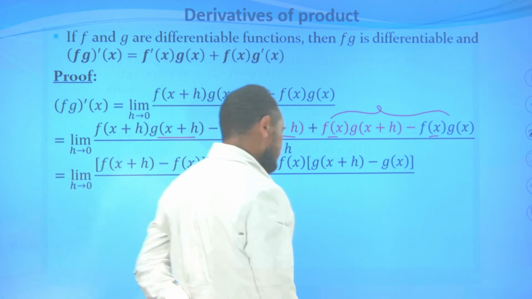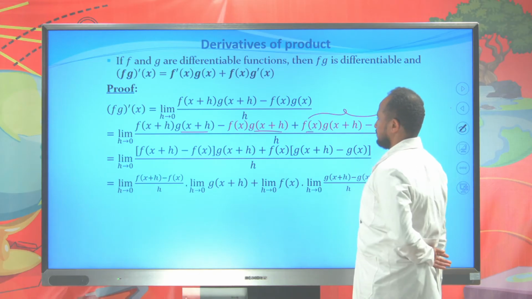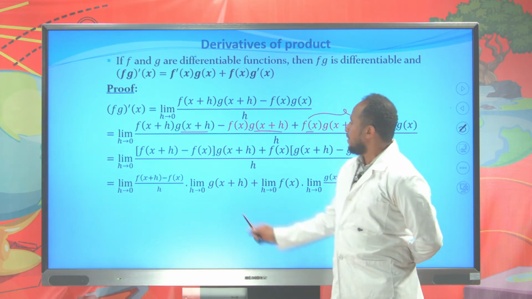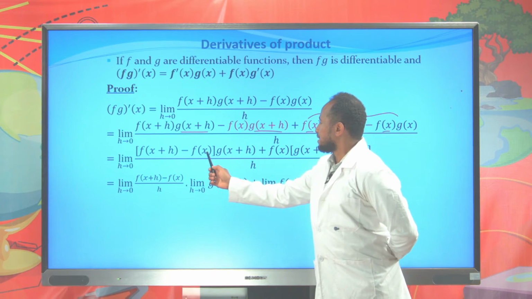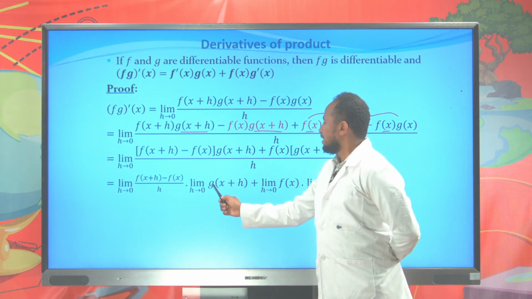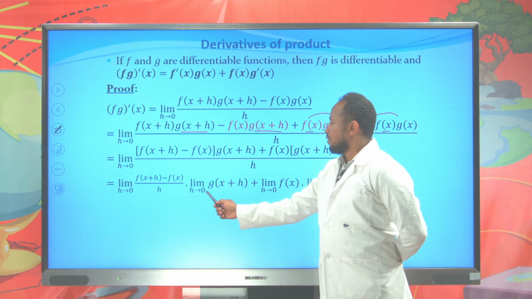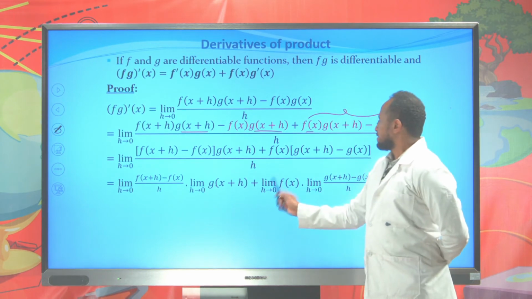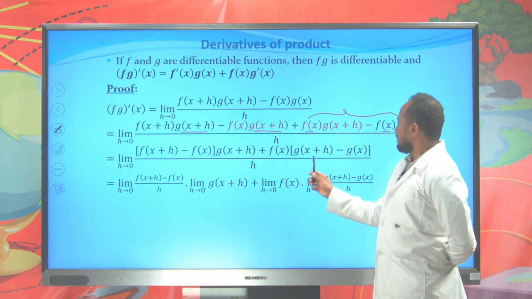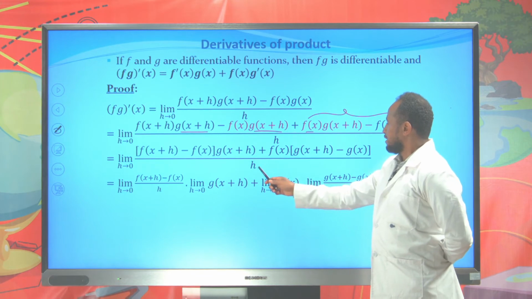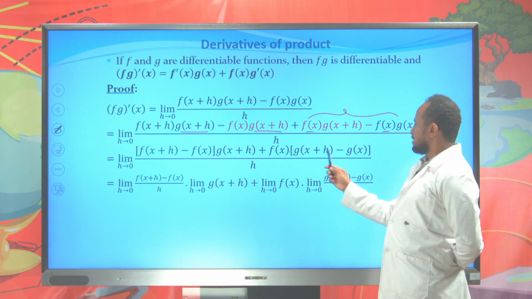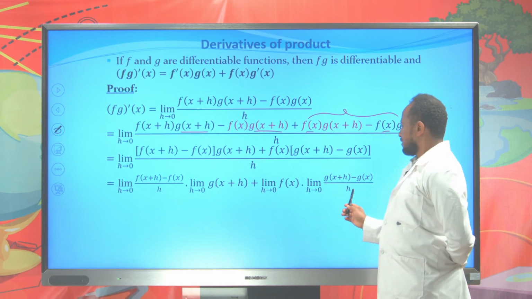From this, you'll have the limit of f of x plus h minus f of x over h times the limit of g of x plus h, where h goes to 0, plus the limit of f of x, where h goes to 0, times the limit of g of x plus h minus g of x over h, where h goes to 0.